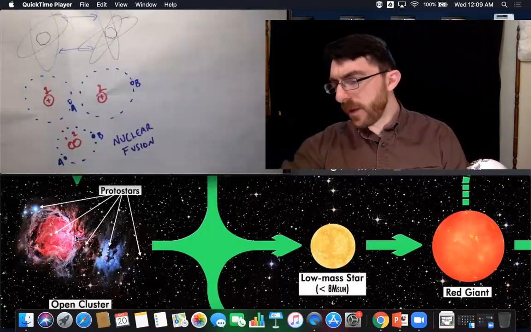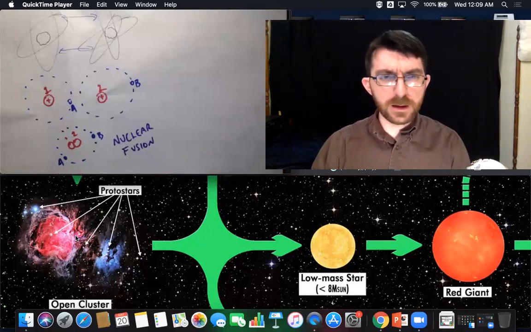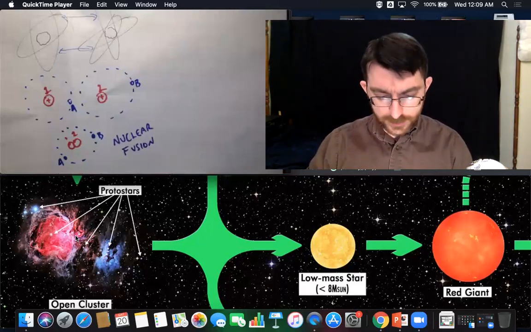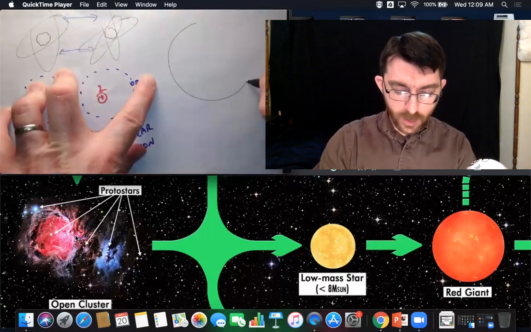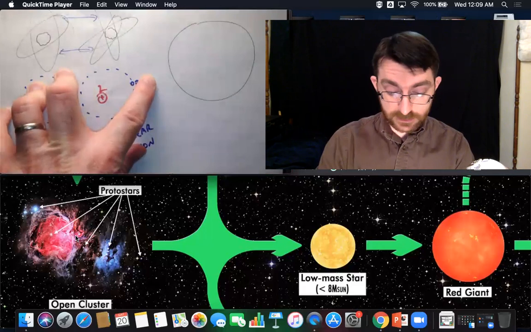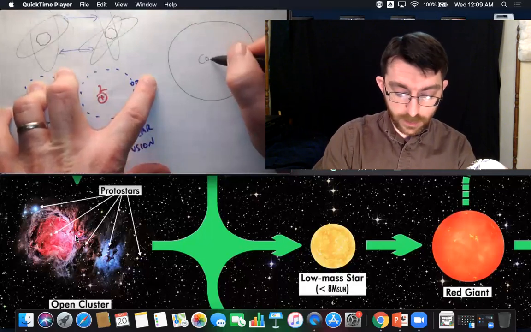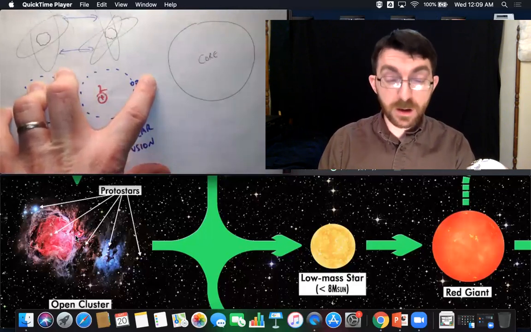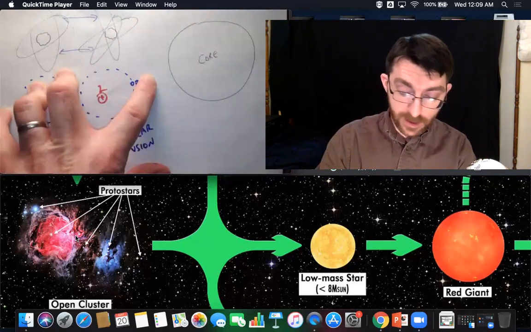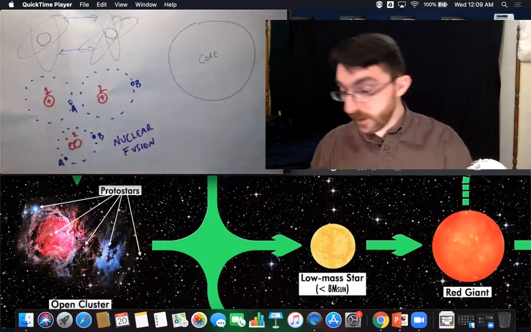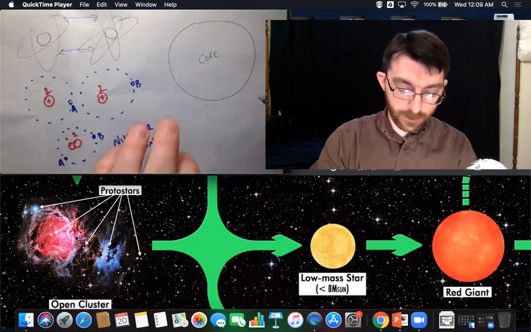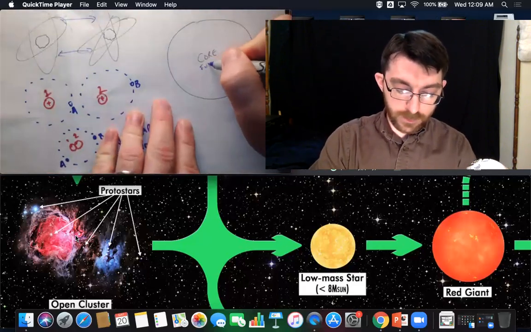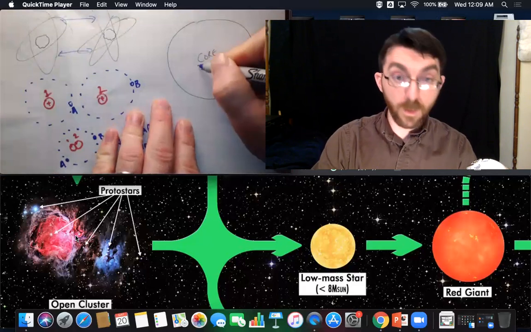And if I could draw a very, very generic outline for a star, what you're going to have is a core at the center where the pressure is the highest and the fusion happens there. The fusion is happening in the core.